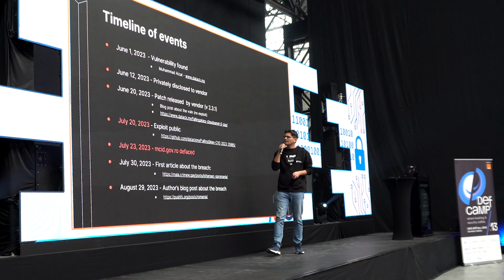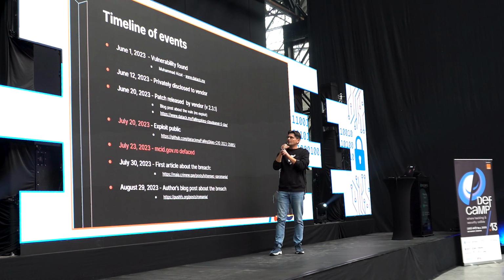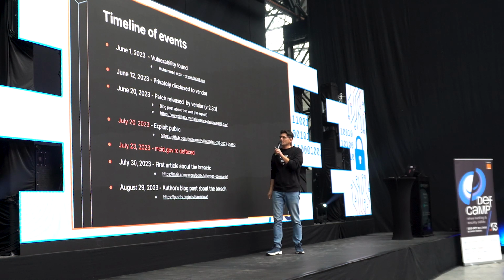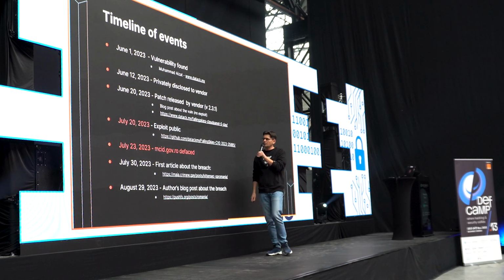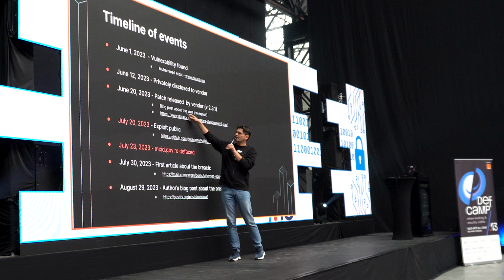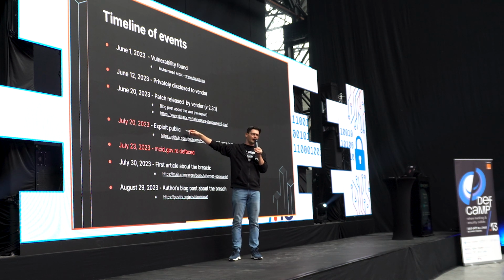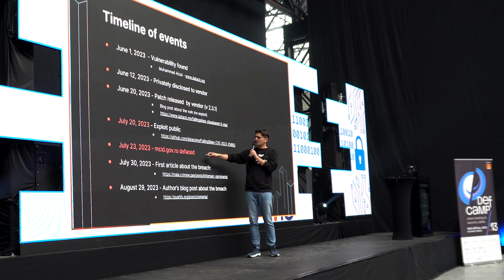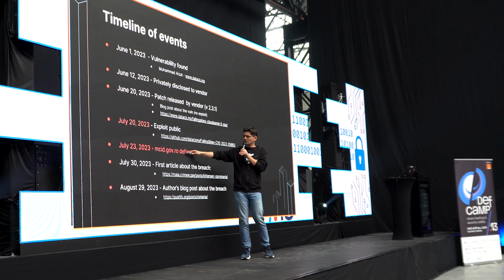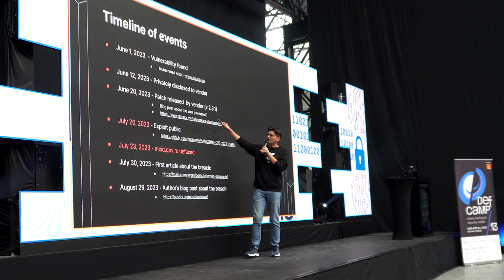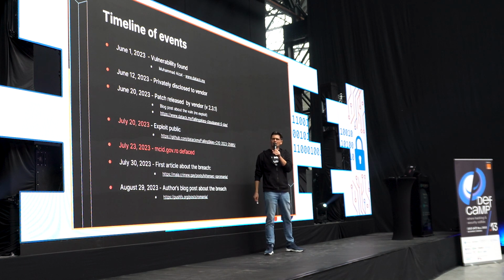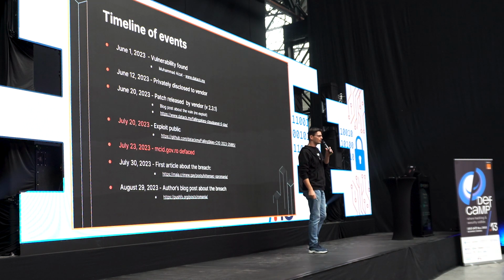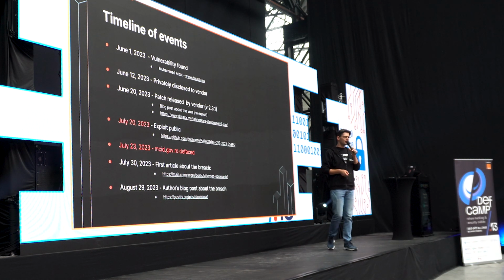And the author of the vulnerability also released a public exploit a month after the vendor released the patch, on July 23rd. So there was more than a month when the administrators of those websites could have patched them, but they failed to do so.